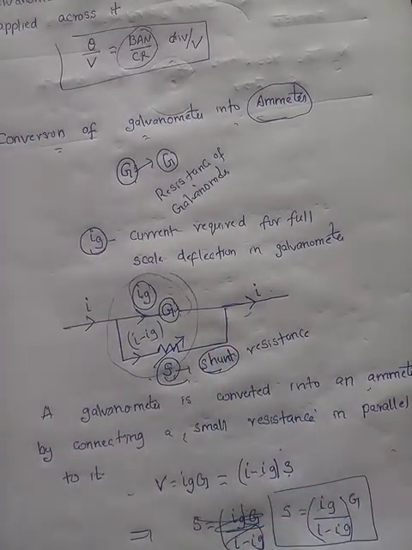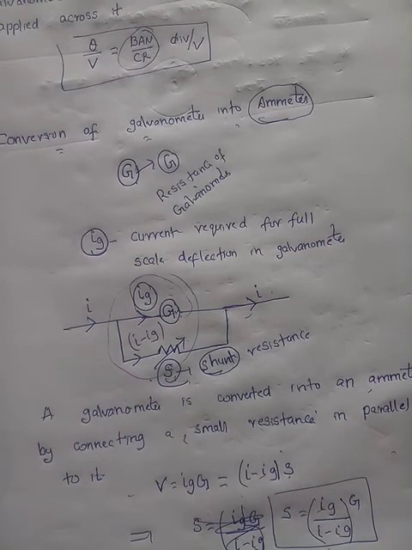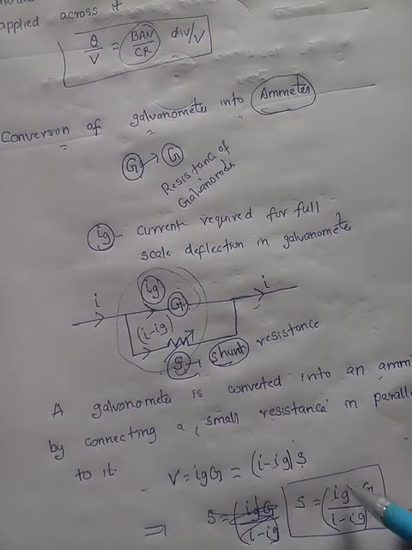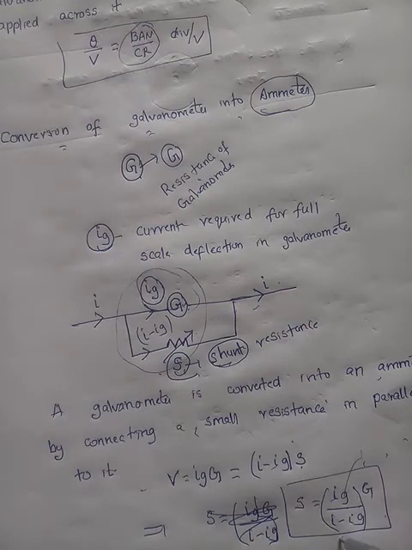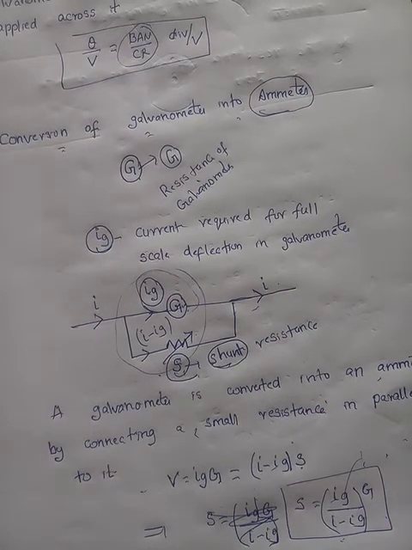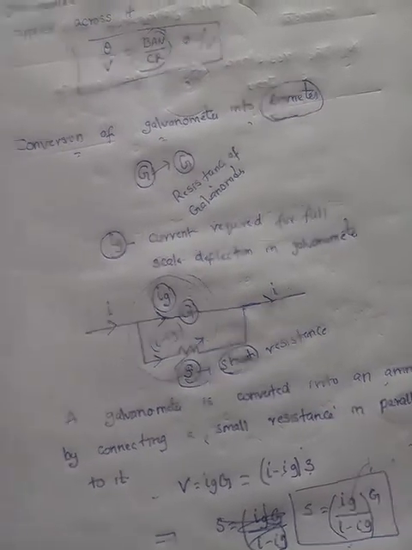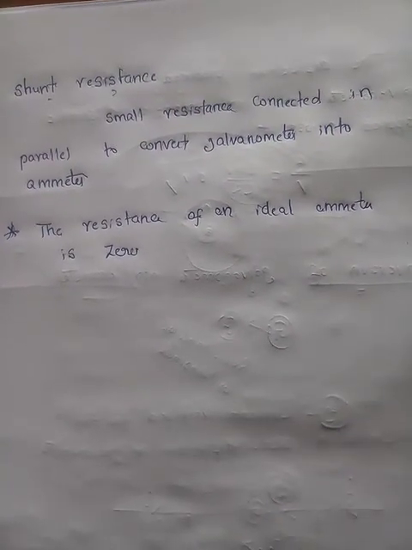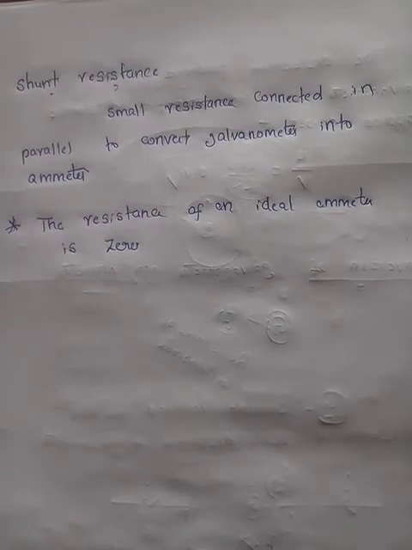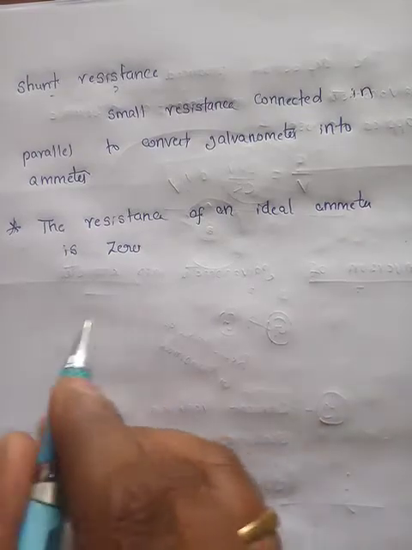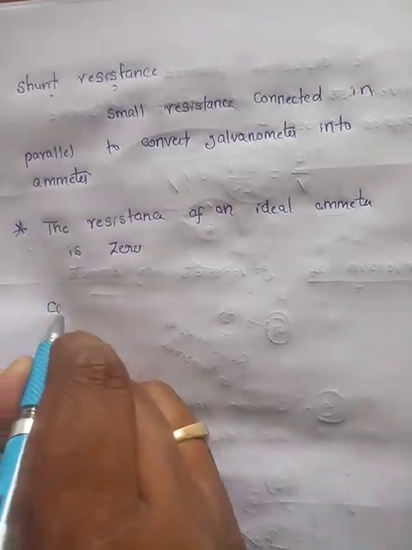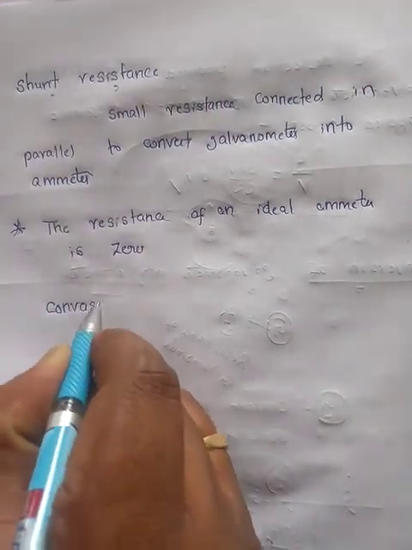Equating this we get S equals Ig by I minus Ig into G, and you have to explain what Ig is, the current required for full scale deflection in the galvanometer. G is called galvanometer resistance. I is how much current we have to pass. S is the shunt resistance, a small resistance connected in parallel to convert a galvanometer into an ammeter. Here the resistance of an ideal ammeter is 0.